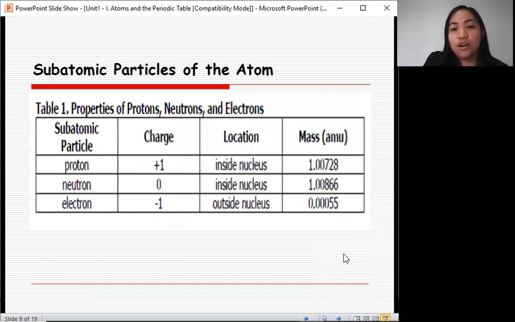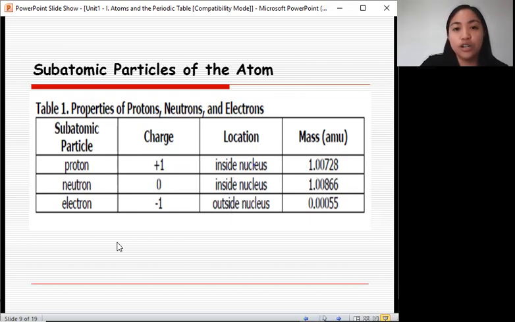Okay. So, ang atom has subatomic particles. So, sulod sa atom naay subatomic particles. And the subatomic particles are namely the proton, which has a positive one, or positive charge, and it can be found inside the nucleus. And then the neutron, which has no charge or neutral, which can also be found in the nucleus. And the electron, which is negative, it can be found outside the nucleus.